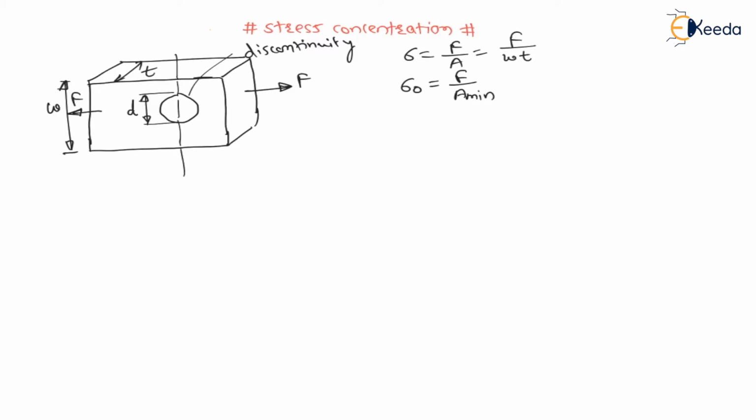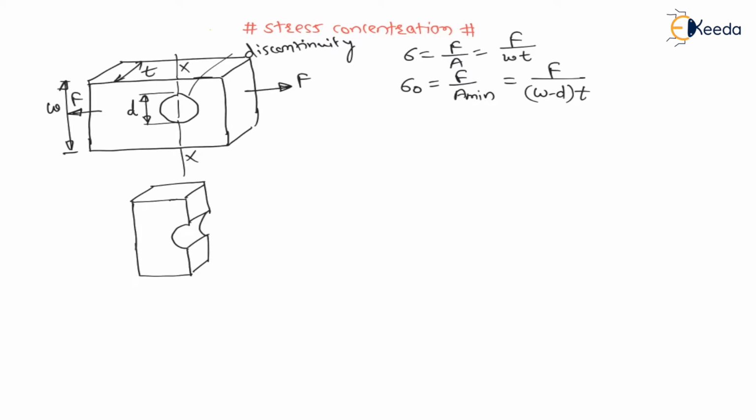At this section XX the minimum area gives force divided by (W minus D) into T. This we have already seen in the previous lecture. The cross section at XX will look like this.